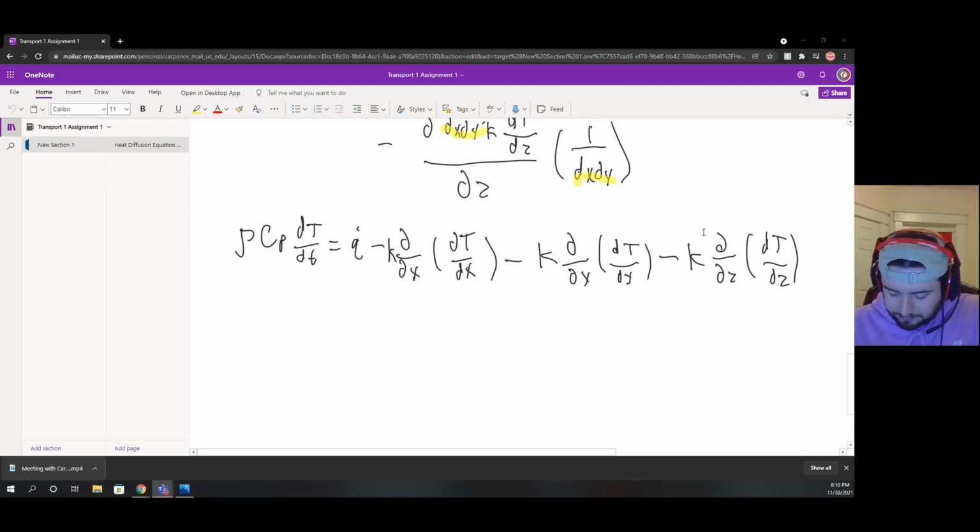So now we can do a few things with this equation. So here, and here, we can combine all of those partial derivatives to make second degree partial derivatives.